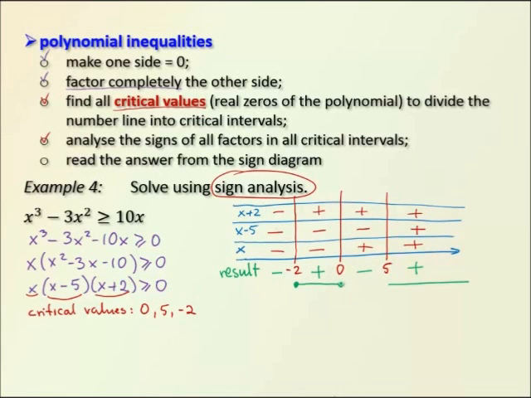Therefore, endpoints will be marked by covered dot. And we are ready to give the final answer. The original inequality is satisfied by any x from the following intervals, from -2 to 0, union with interval from 5 to infinity. All those points are good.